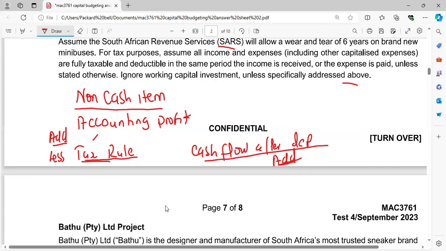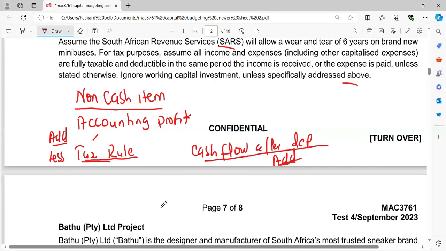This is why we do it even in tax. If you are provided with profit after depreciation in accounting, then you are required to calculate the taxable income. It means you get rid of the depreciation, because depreciation is for accounting purposes. Then you now apply the Income Tax Act rule, which means you are now going to deduct the capital allowance there.